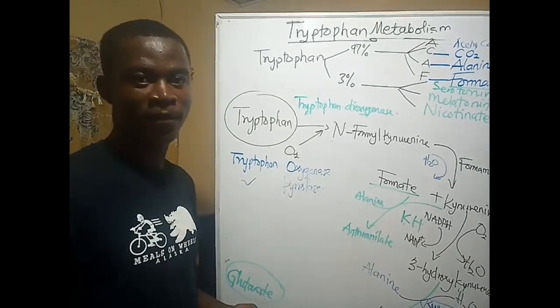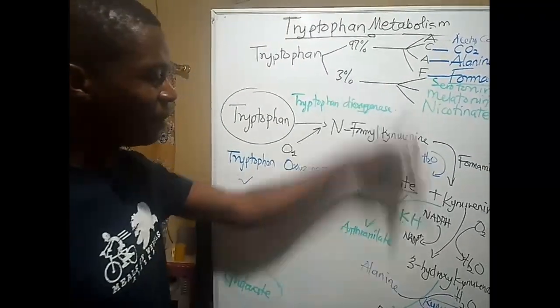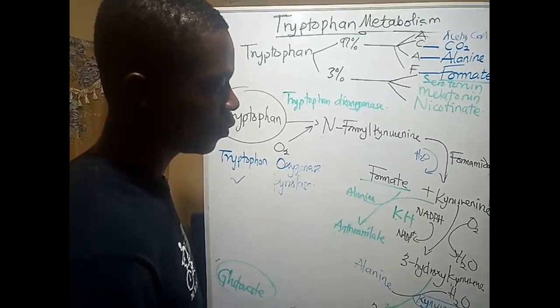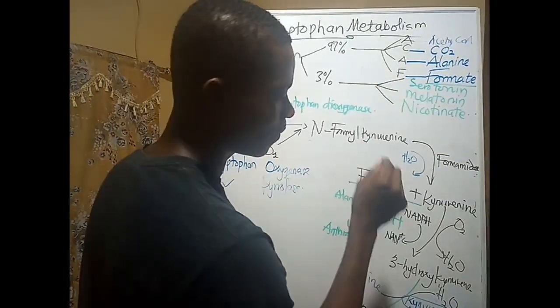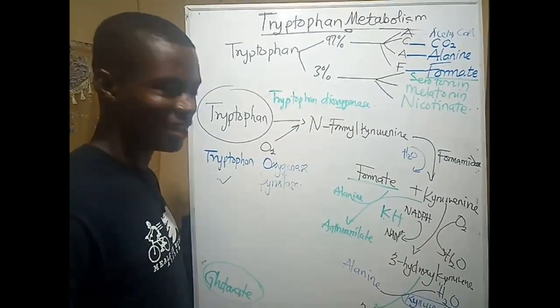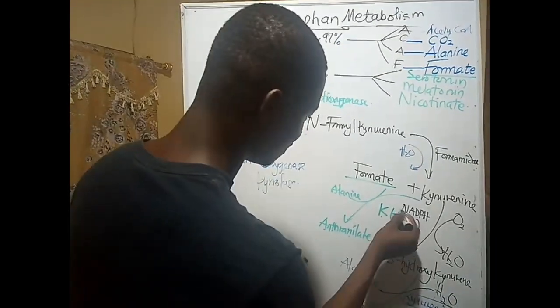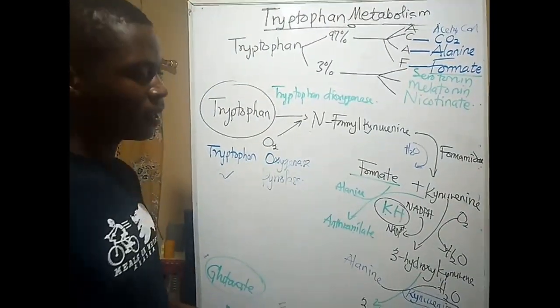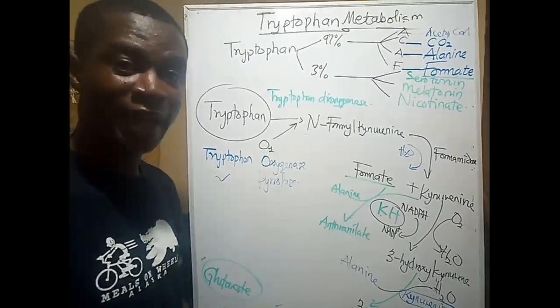Is that okay? Now, in the metabolic pathway, we came across a very important enzyme we call kynurenine hydroxylase.